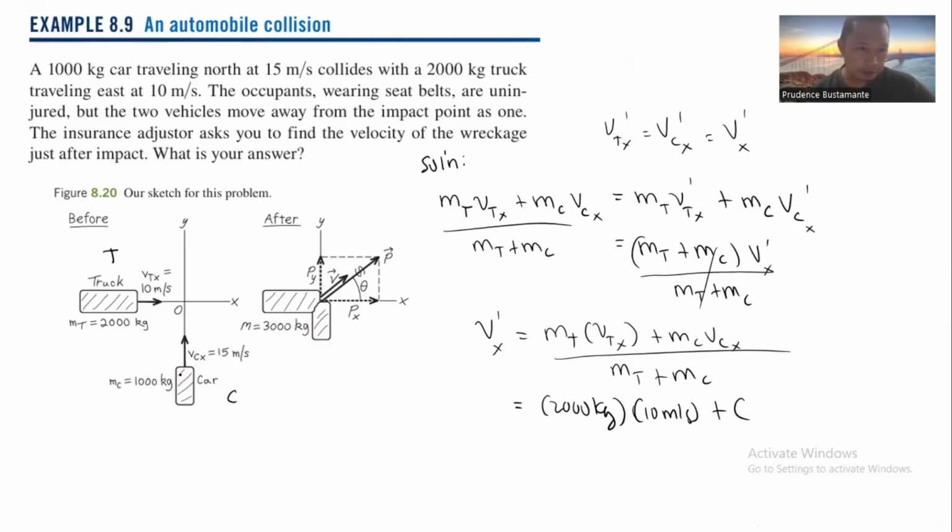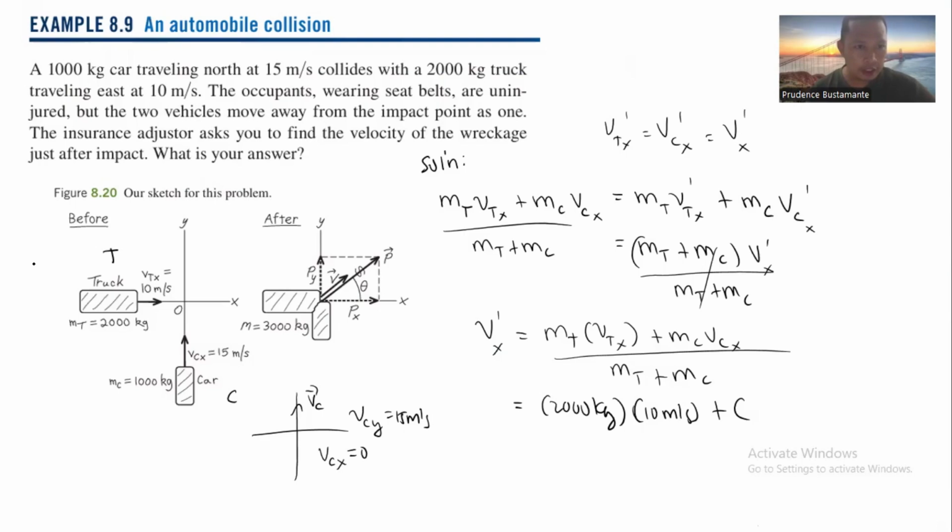The car is moving along y, so the velocity of the car along x is equal to 0, but the velocity of the car along y is equal to 15 meters per second.